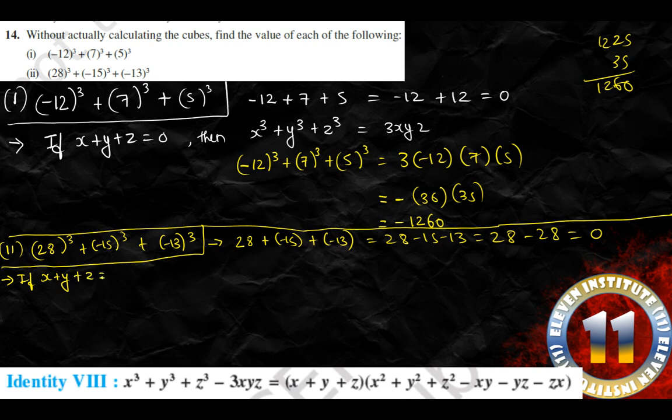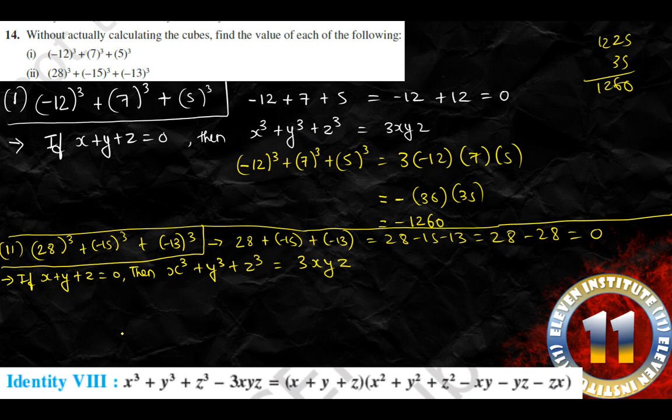Now we will write this same line over here, that if x plus y plus z is equal to 0, right, then x cube plus y cube plus z cube is equal to 3 times x, y, z. Now instead of x, y and z we will write 28, 15 and 13.